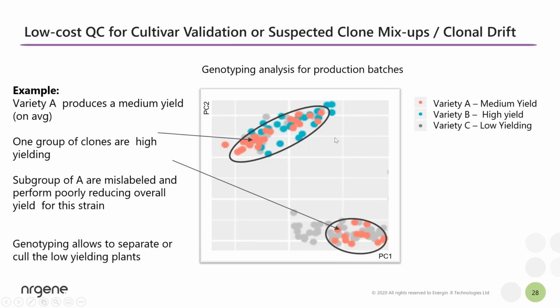They're all labeled purple kush or variety A, but some of them actually got mixed up somewhere along the way, and they're different. They look the same, but you had no way to determine that. So if you do the genotyping QC, you could actually separate the subsets into poor performers and high performers based on genetic makeup, and have the high performers keep on growing, and the poor performers, you could convert into seed and collect them for storage, but not grow them, and thereby increase your production efficiency.